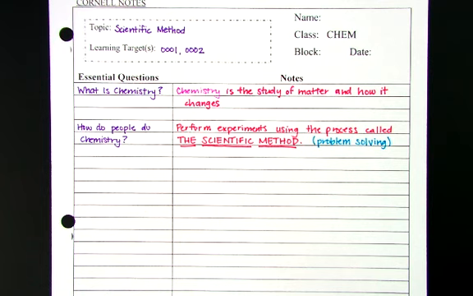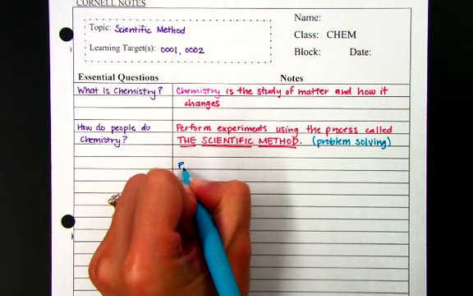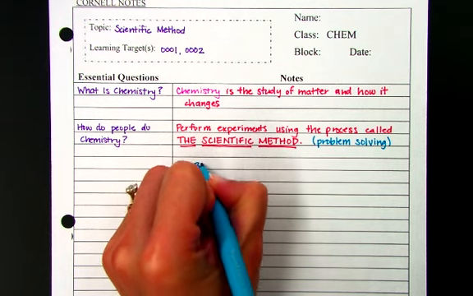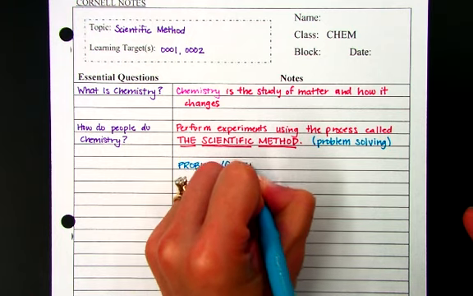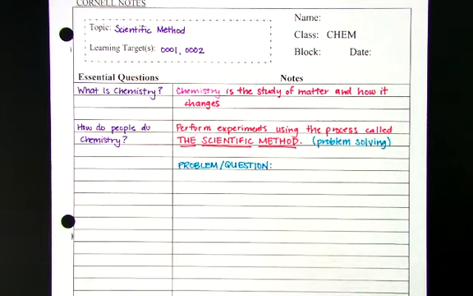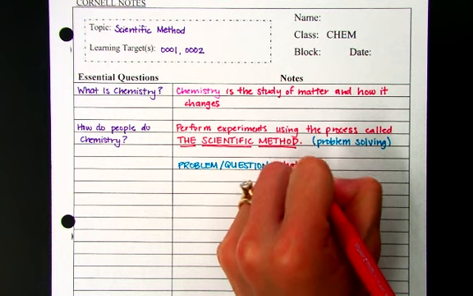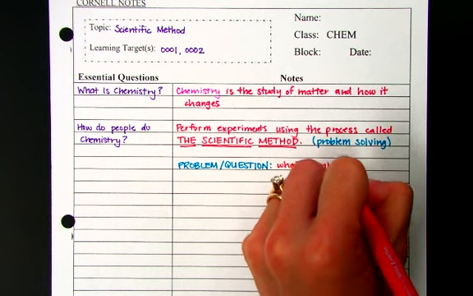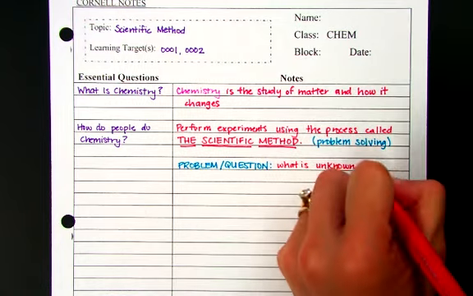But let's step back a little bit, okay? The first part of the scientific method is the problem or the question. The problem or the question is always sort of what is unknown. Sometimes it's a phenomena.